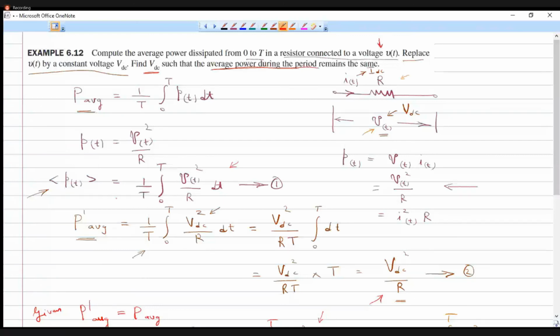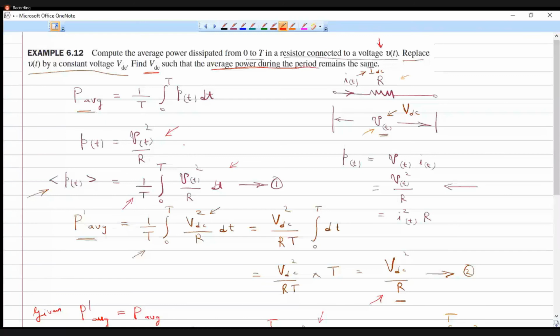We know that the instantaneous power is equal to v square by R. Now if we integrate this power over the entire cycle, then we will get the average power using the formula for the average value.